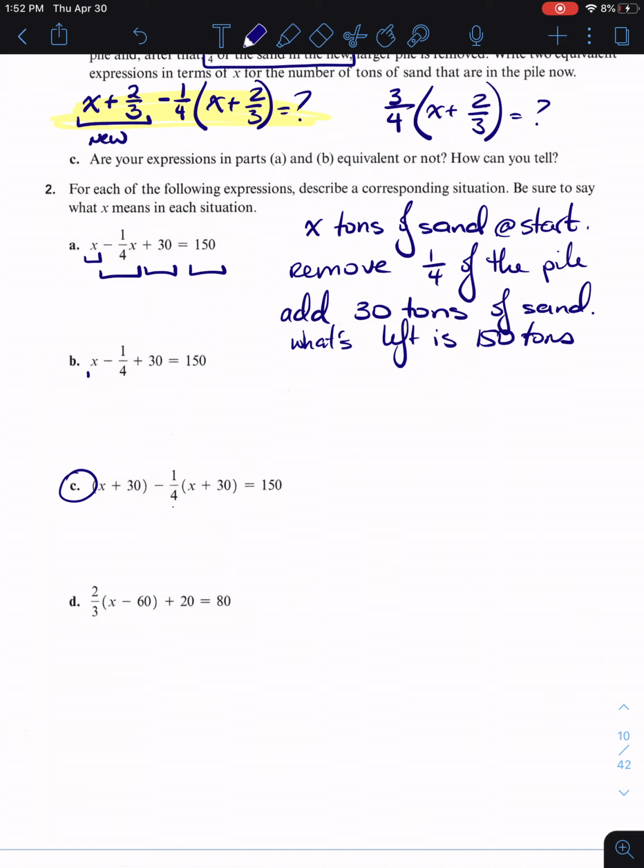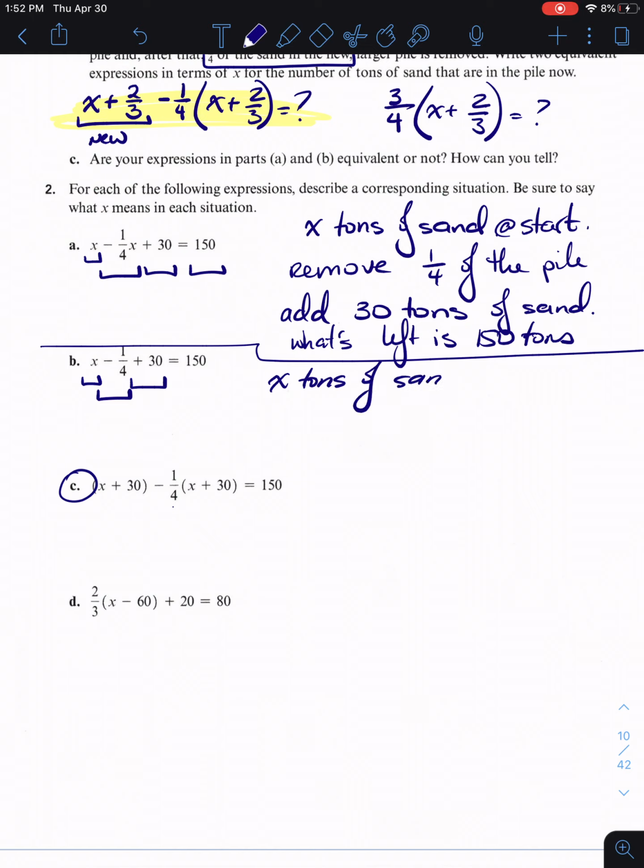Now in the second situation, we have X tons of sand still. Then we're subtracting a quarter, and then we're adding 30. So we still have X tons of sand at the start. Now, what are we going to remove? We're not going to remove a quarter of the pile.